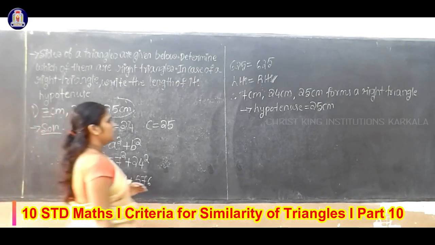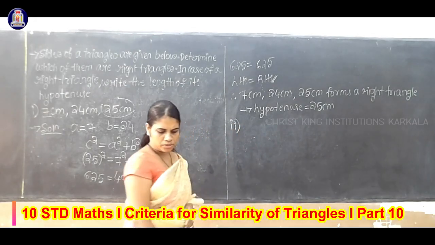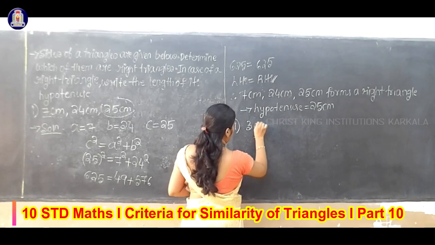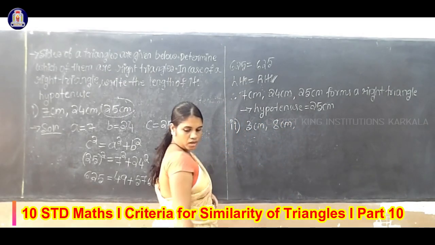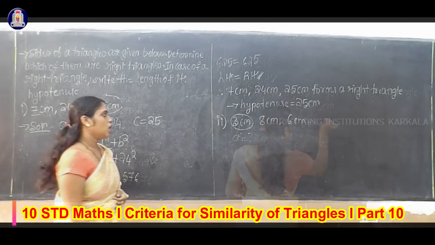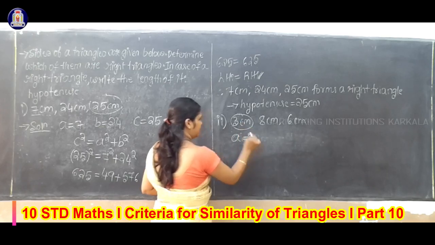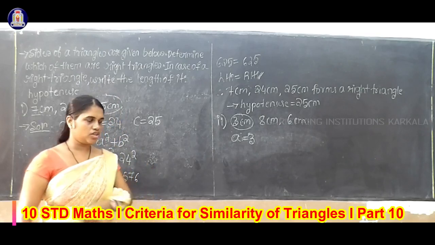Now the same type of second question: 3 centimeter, 8 centimeter, 6 centimeter. Now A is equal to the smallest one, that is 3. Next B value, B is the second largest number.